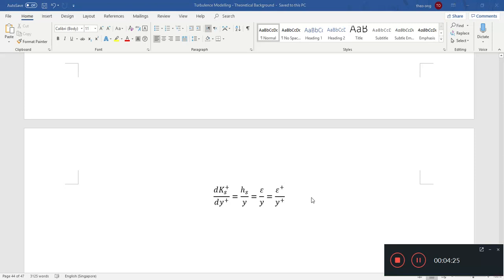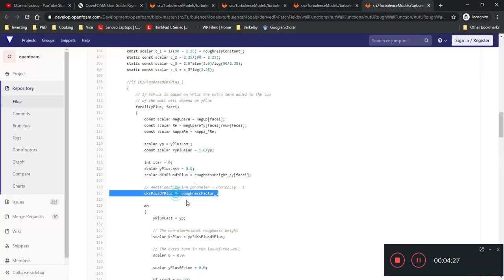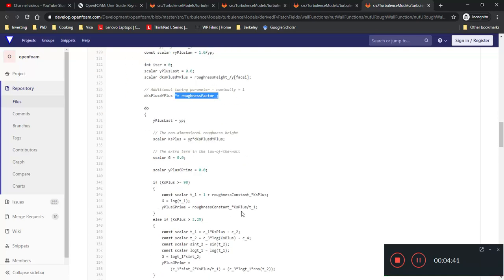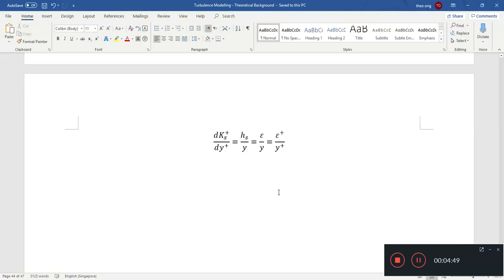Then you'll have one additional tuning factor, the roughness factor, which you can define yourself. So dks plus dy plus times equals roughness factor. What is this times equals? This is shorthand in C++ code.